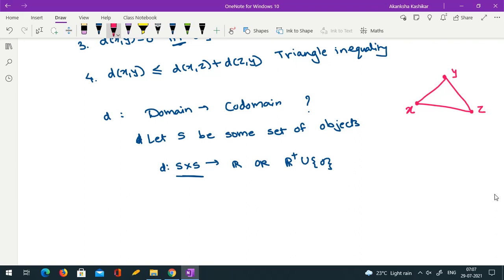One side, that is xy, is less than or equal to the sum of the lengths of the other two sides, that is xz and zy.